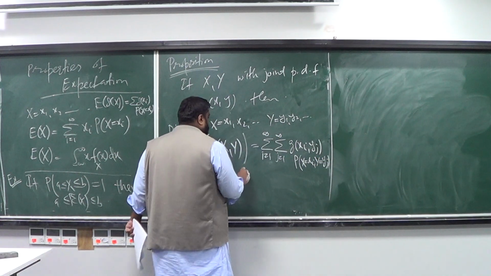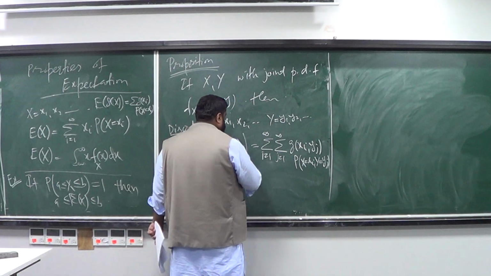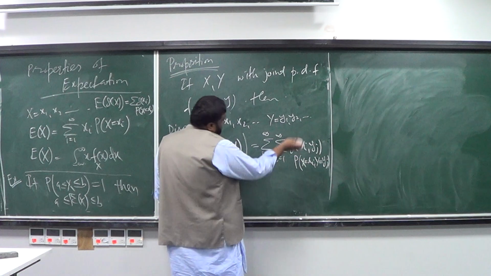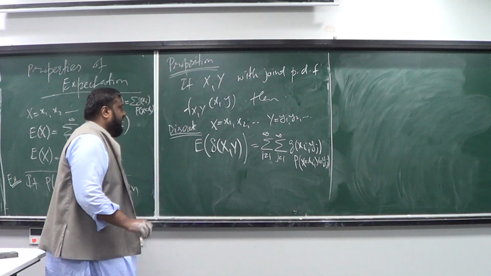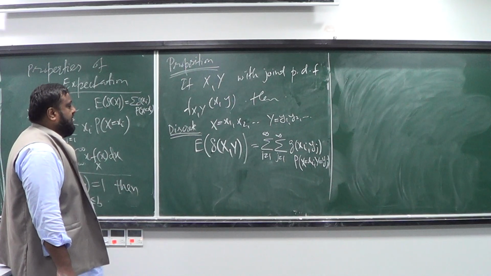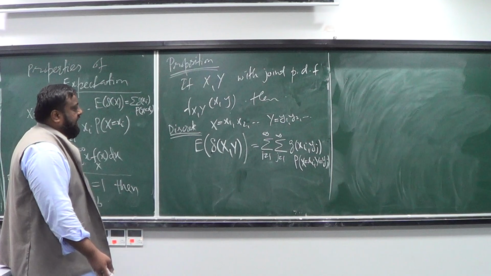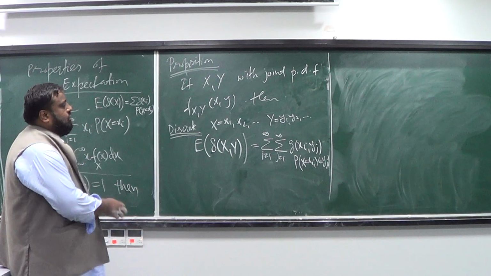So the expectation of g of xy is g evaluated at each of the xi and yj multiplied by their corresponding probability.